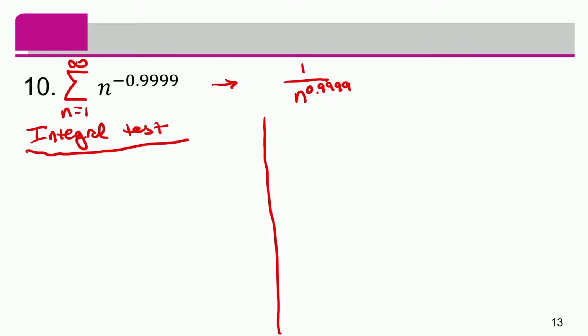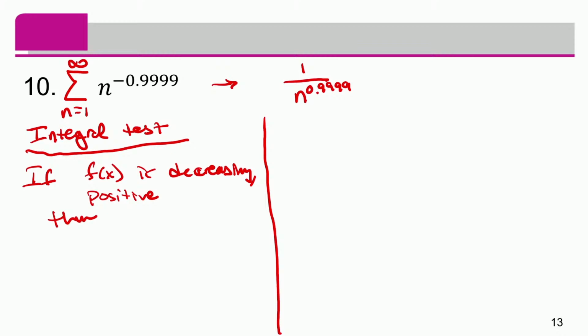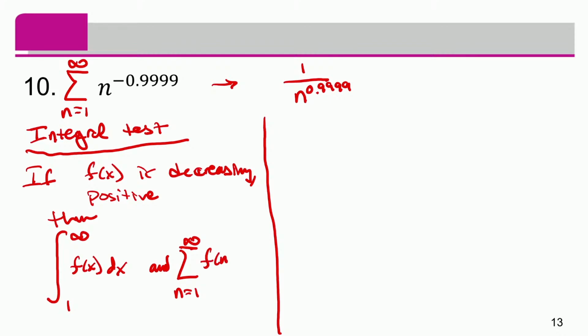The integral test just says that if f of x is decreasing and positive, then the integral from maybe 1 to infinity of f of x dx and the summation, n goes from 1 to infinity of f of n, will share the same fate.